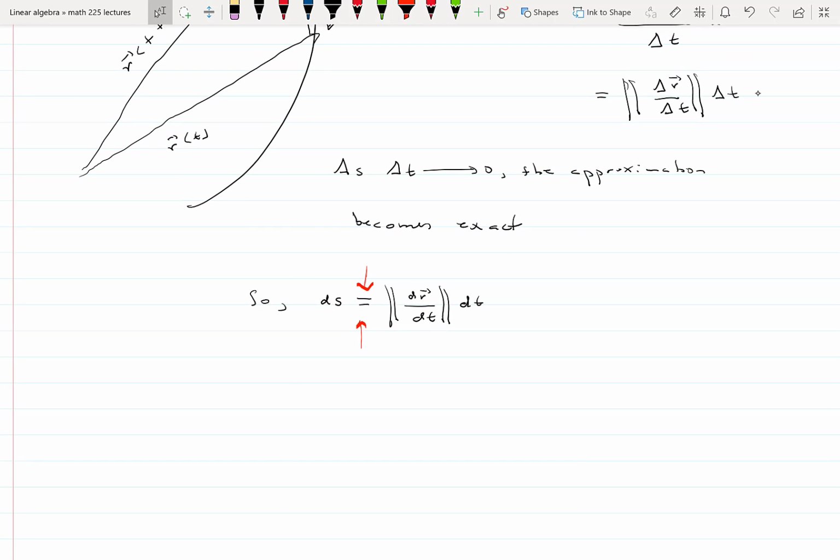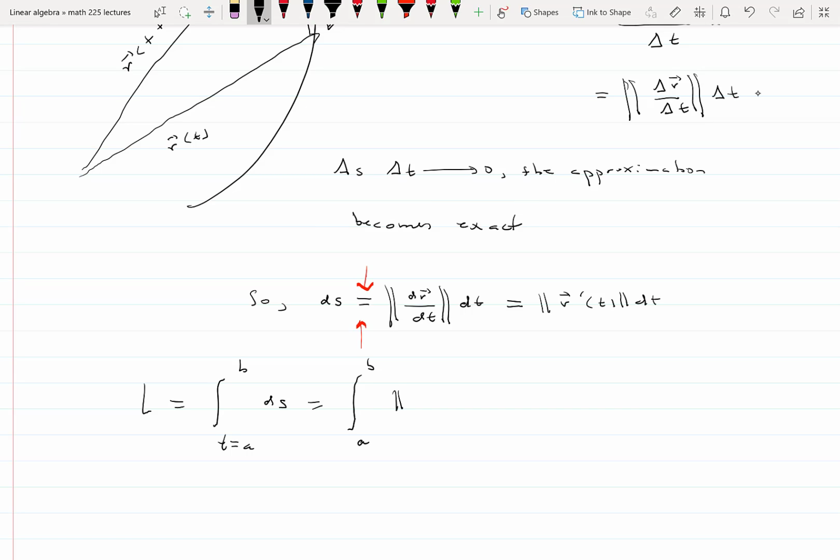Our formula for arc length then takes on a whole new look. The formula for arc length, which was pretty sweet and small, is the integral as t goes from a to b of ds, the sum of all the little ds's. Now that little ds, using the prime notation for derivatives, can be written as the length of r prime of t dt.